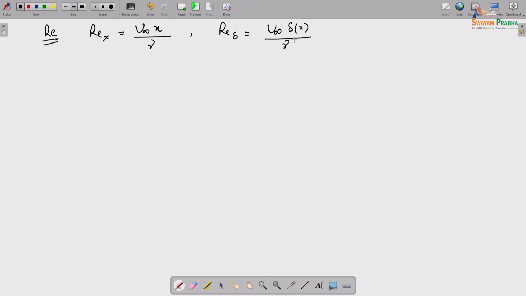Let me just finish this and then we'll discuss. So, let's write this out first. Boundary layer, it could be displacement thickness also, right. And then momentum thickness.